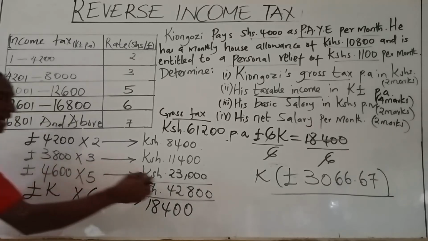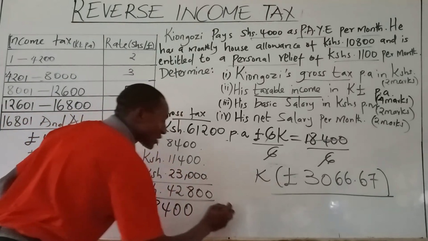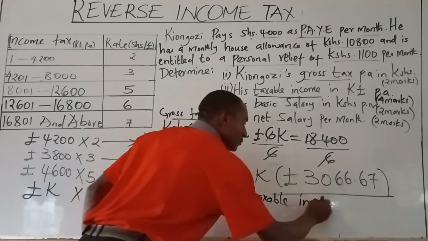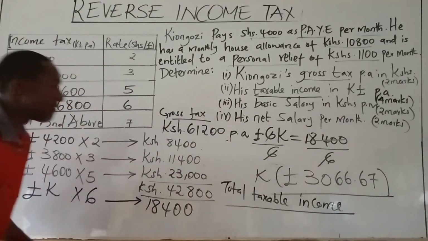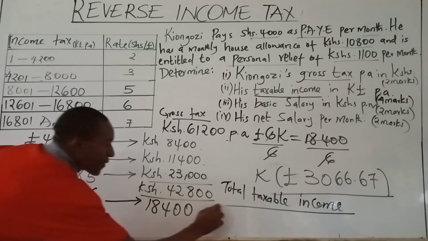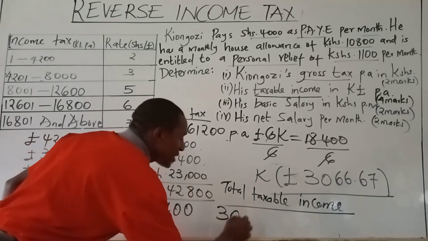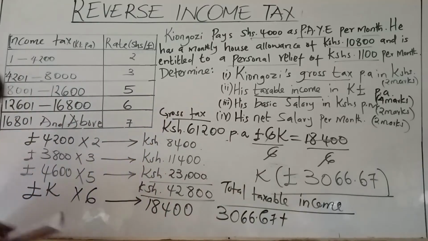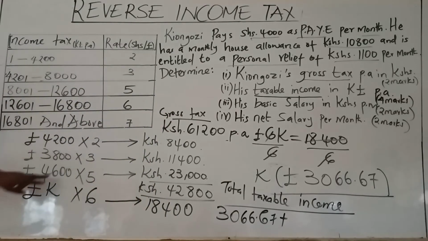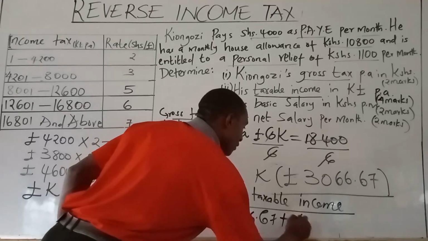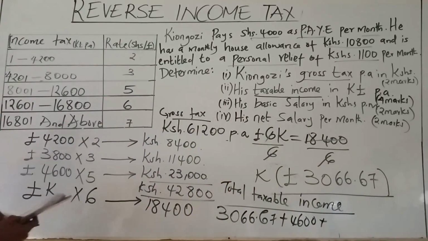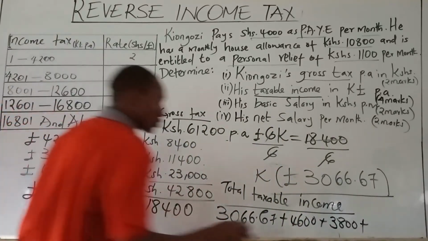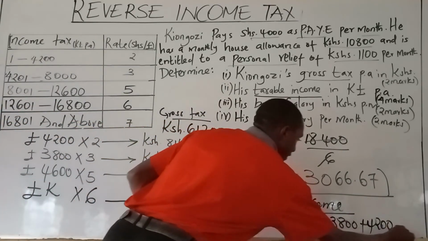So total taxable income shall be the value of K, which is 3,066.67, plus the rest of the money above it, 4,600 plus 3,800 plus 4,200.